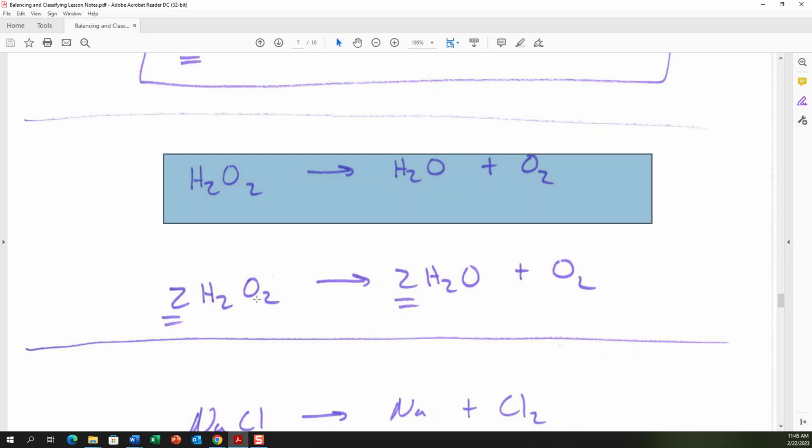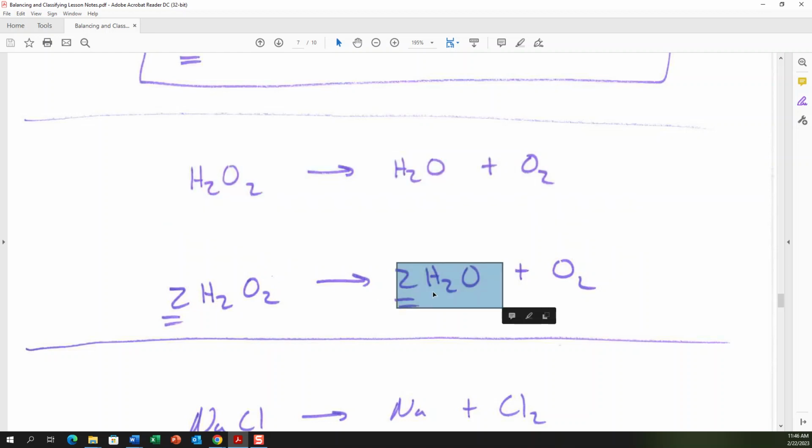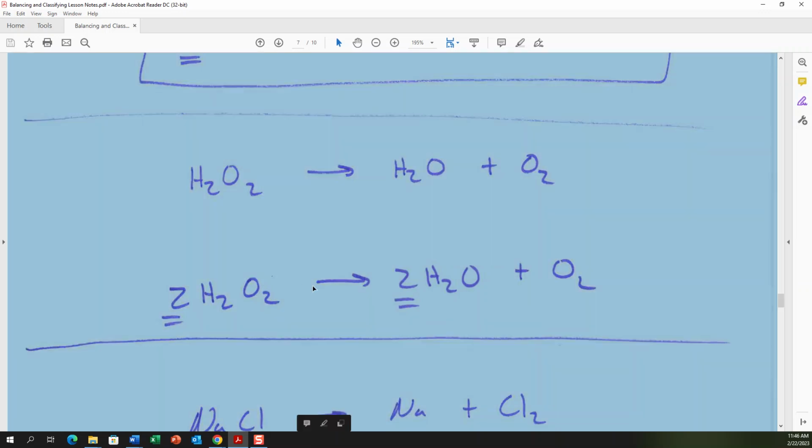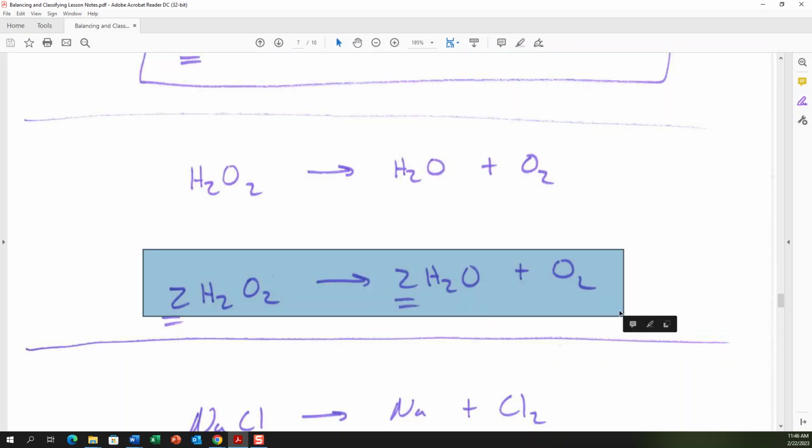Now, if I made that 4 oxygens, it also made me have 4 hydrogen. So I got to put a 2 in front of water to get 4 hydrogen. But now that I have a 2 there, I have 2 times 1, 2 O's plus another 2. So I have 4 oxygens on this side. And putting that 2 there gives me 4 oxygens on this side.